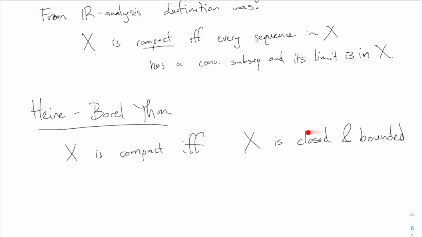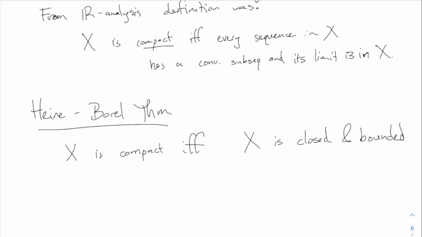I do like this word closed just fine. Closed is something we talk about all the time. I personally like talking about open more, but closed is fine. It means the complement is open. What about bounded? I have problems with this when I try to talk about it in topology. Bounded really is something that only makes sense in Rn.